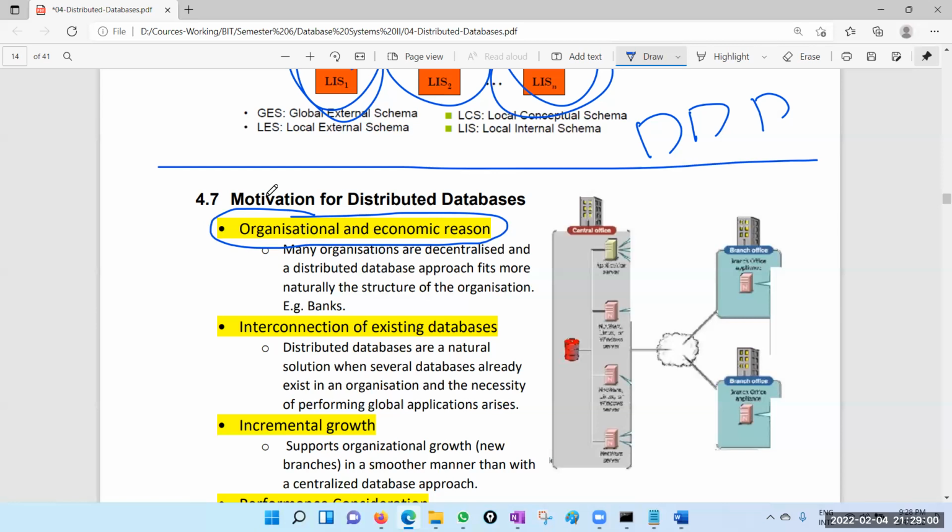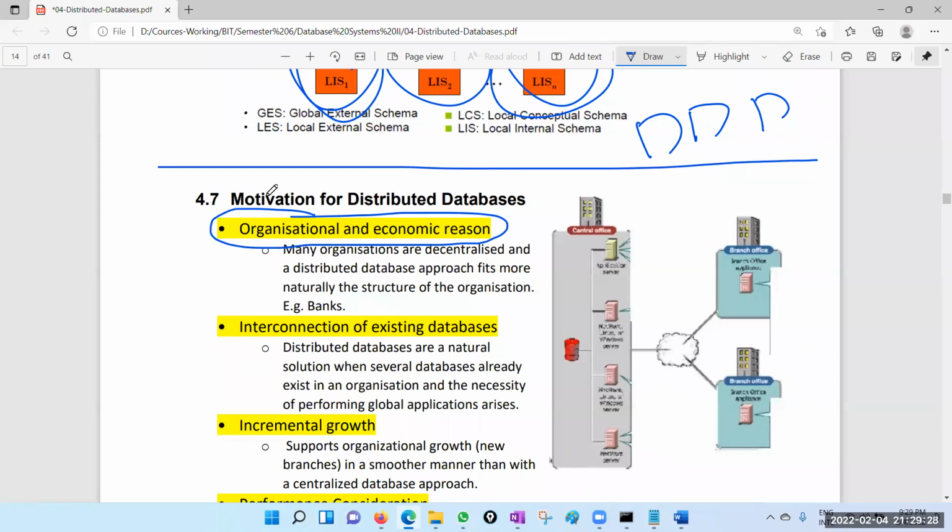So banks are everywhere, right? Every major town, say Nugegoda, Maharagama, everywhere, or in between also branches are there. So should we go for a central database, or shall we let them have their own databases as well, and let those databases be connected together?